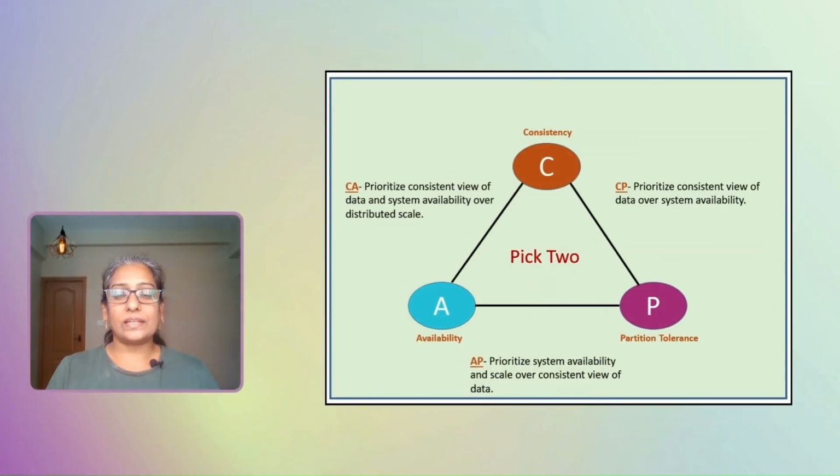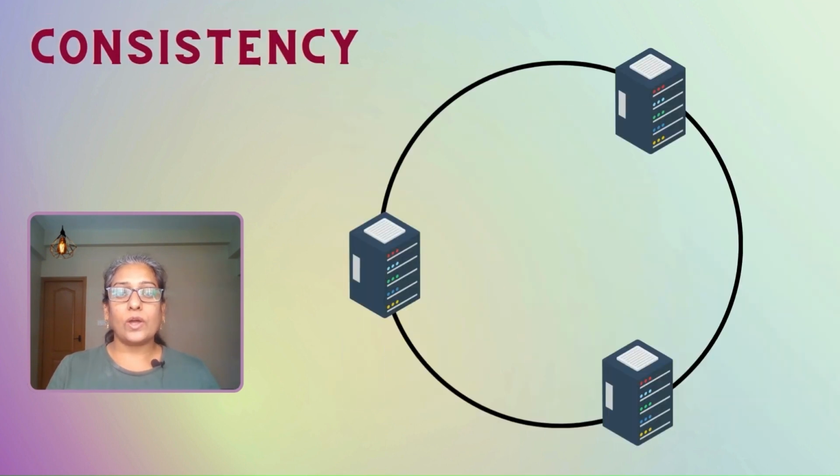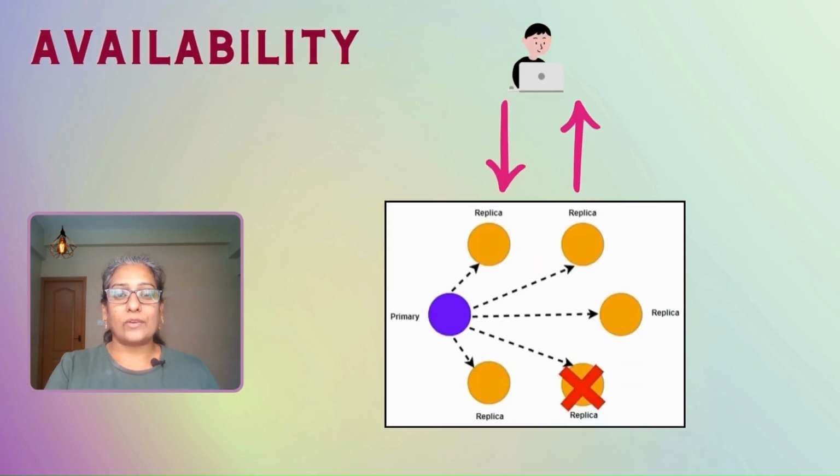Let's first understand the three properties consistency, availability, and partition tolerance. Consistency ensures all nodes in a distributed system see the same data simultaneously. This is crucial for data integrity. Availability means every request gets a response, regardless of node failures or network partitions.